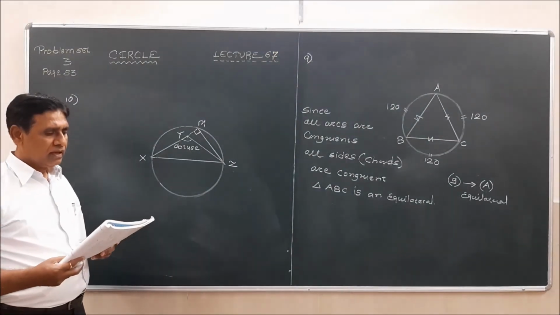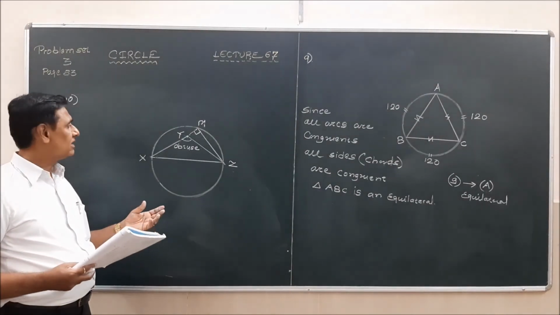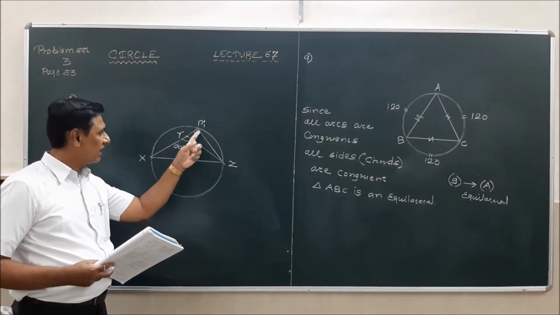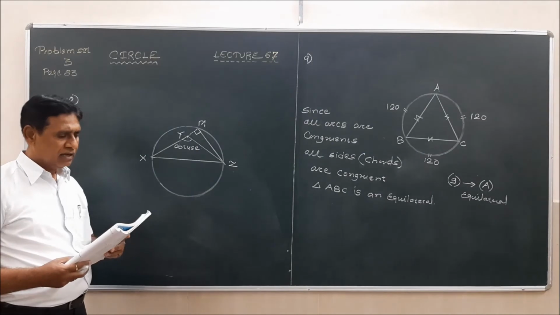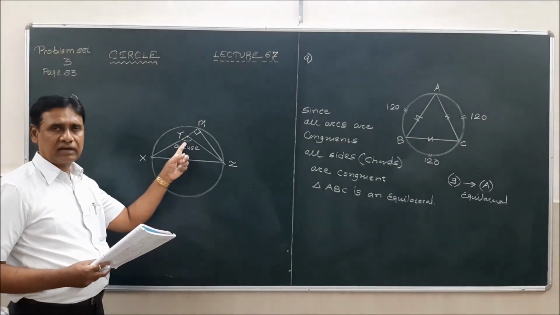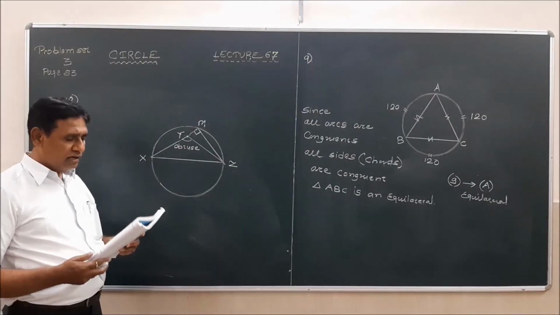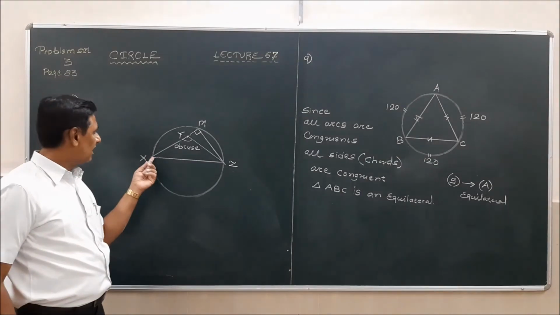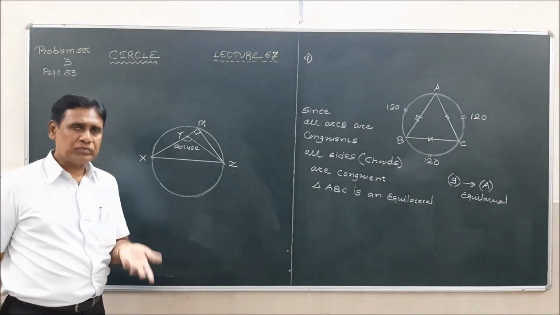That's true. XYZ can't be a right angle. Yes, this can't be a right angle because this is greater than 90. XYZ is an obtuse angle. Yes, absolutely correct. We can make a definite statement that XYZ is an obtuse angle.